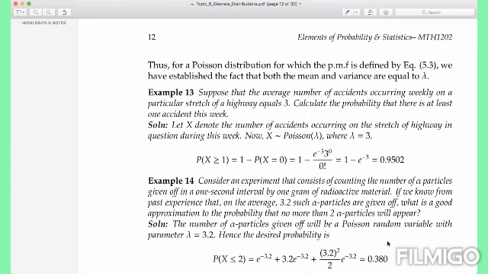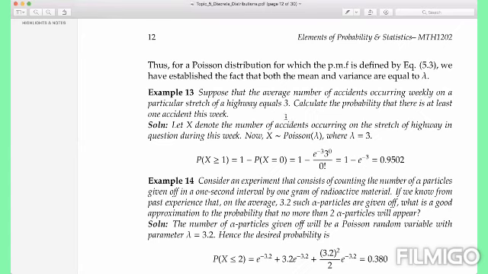So for these problems, you have to be careful with the lambda given. Is it given weekly? And what does this question want me to do? I'm computing probability. Is it also weekly, or fortnightly? You have to be careful.